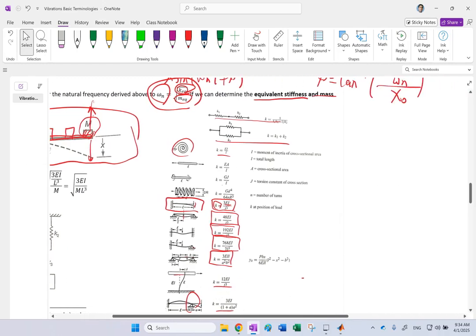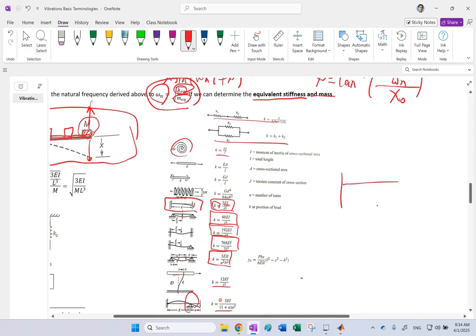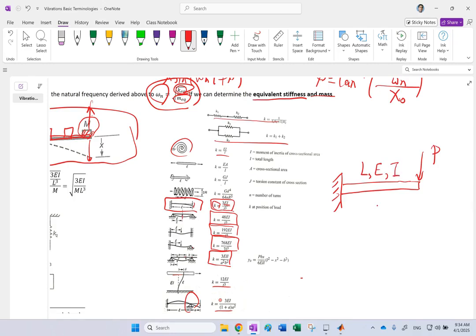Here, you have to look into solid mechanics. If you remember from solid mechanics, if I have a cantilever beam and I put a load P at this end, and the length is L, the material is E, and the geometry is I, it goes down.